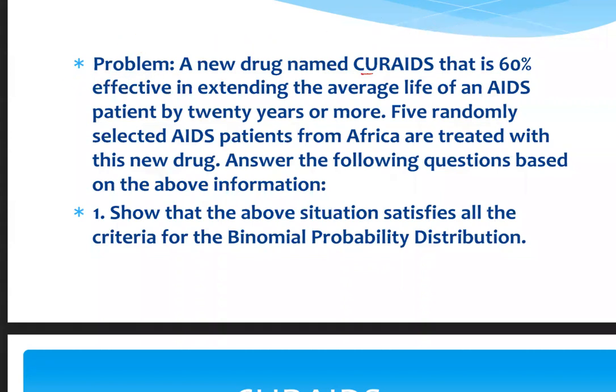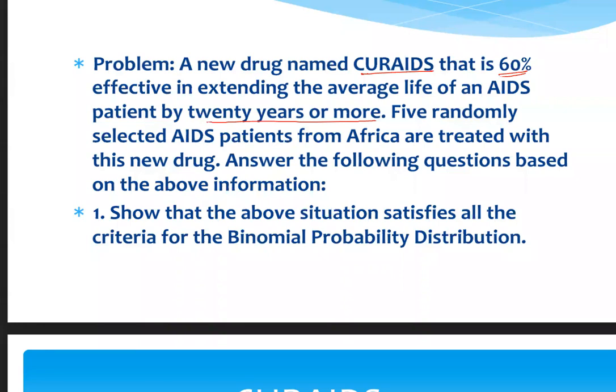It's 60% effective in extending the average life of an AIDS patient by 20 years or more. 5 randomly selected AIDS patients from Africa are treated with this new drug. Answer the following questions based on the above information. Show that the above situation satisfies all the criteria for the binomial probability distribution.